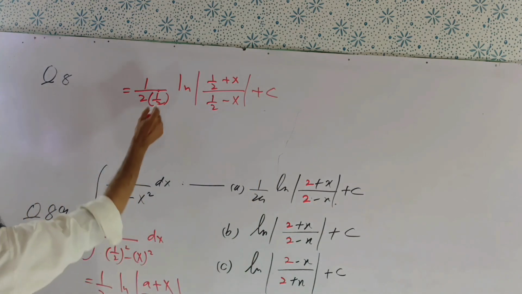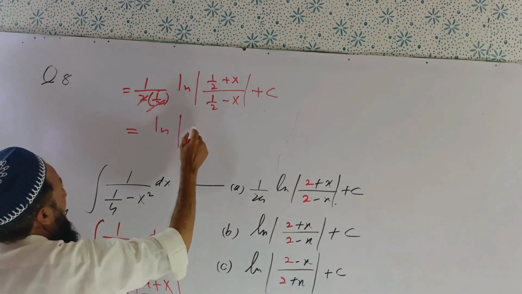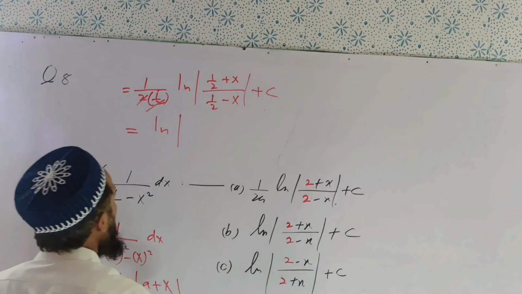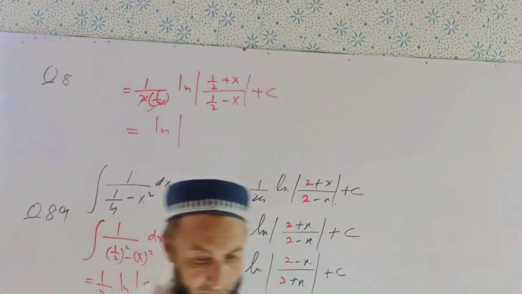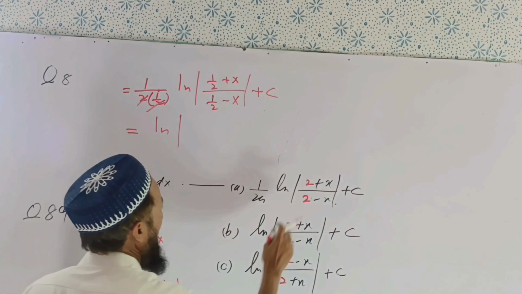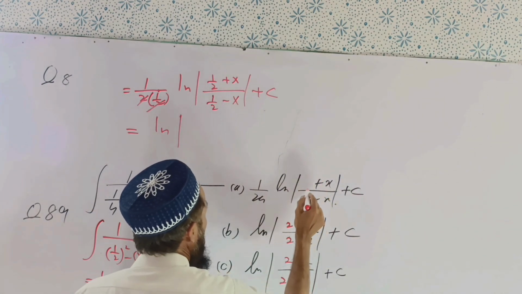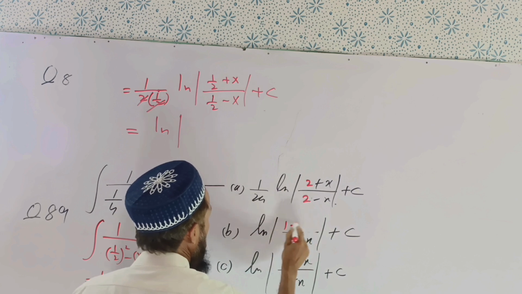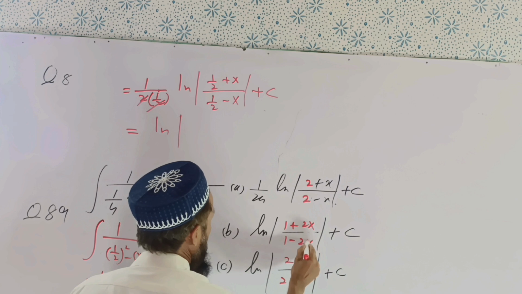Now simplify this term, both are cancelled. We get log of, here 2 is the LCM, (1 plus 2x) divided by (1 minus 2x).